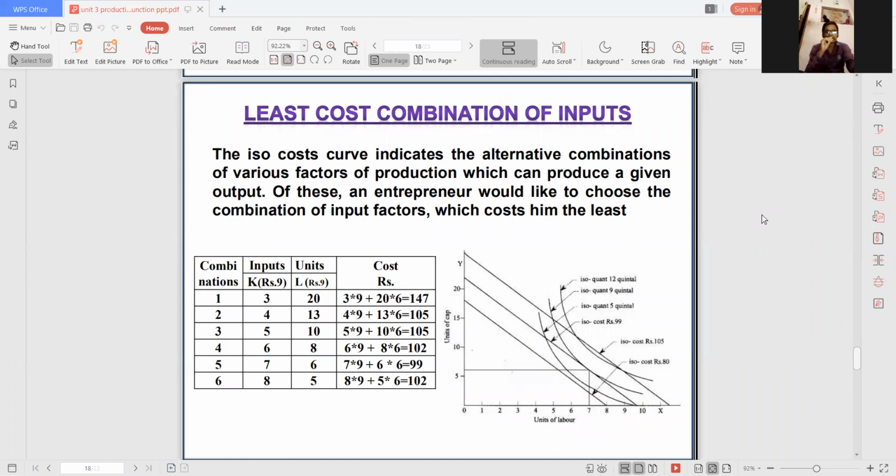Such a point is called the least cost combination. Here isoquant 12 quintal, isoquant 9 quintal, isoquant 5 quintal, isocost 99, isocost 105, like that. You can have different kinds of combinations.